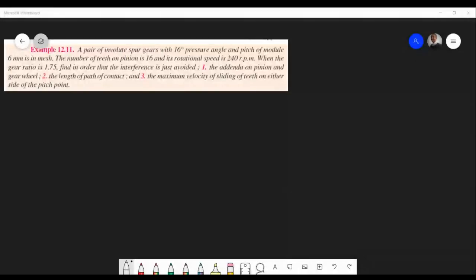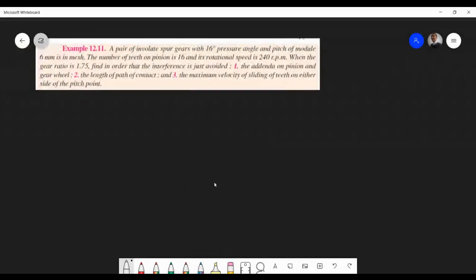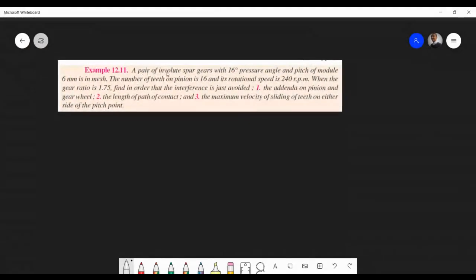Let's open this one up. Here you are, and this is when you know to use interference. Let's read. A pair of involute spur gears with a 16-degree pressure angle has a module of 6 millimeters in mesh. That's key. The number of teeth in the pinion is 16 and its rotational speed is 240.